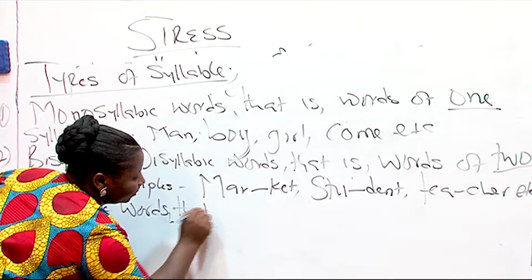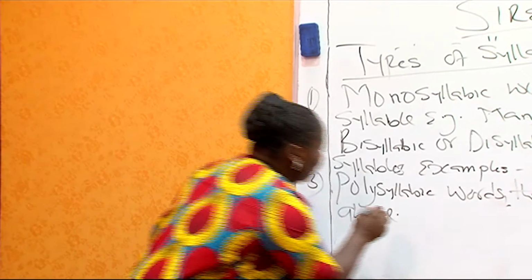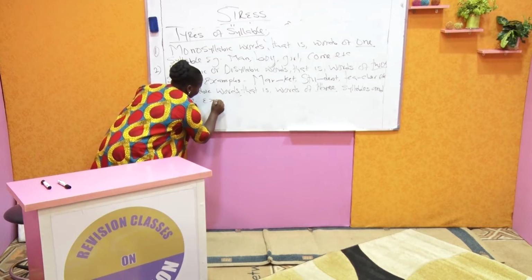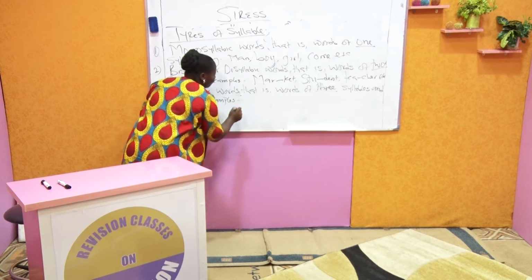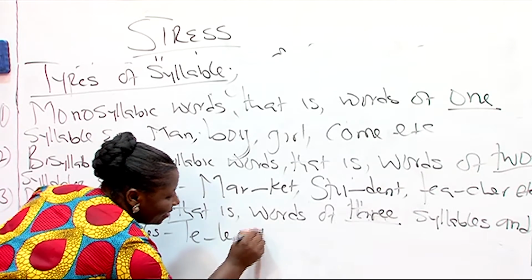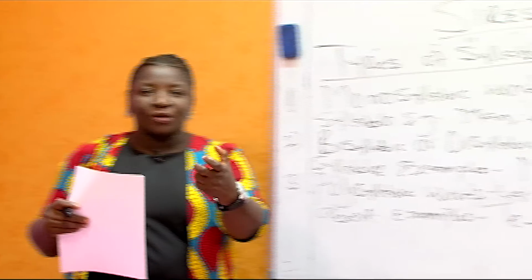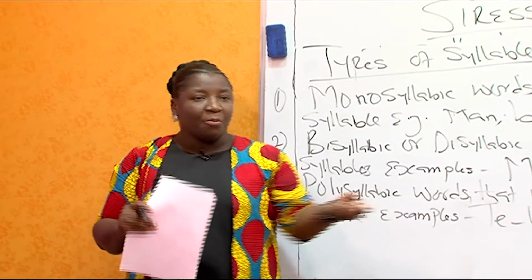That is words of three syllables and above. Examples, we have words like television. Well, if you use your hand to count, you discover that this is how many syllables? 4.